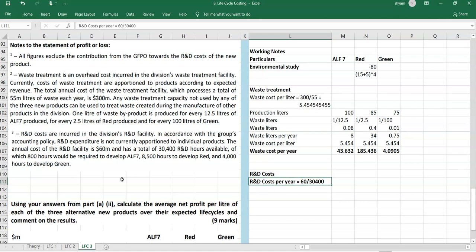So R&D cost for developing, this is a one-time cost. It's not like they are going to incur it again and again. So let's work out this number.